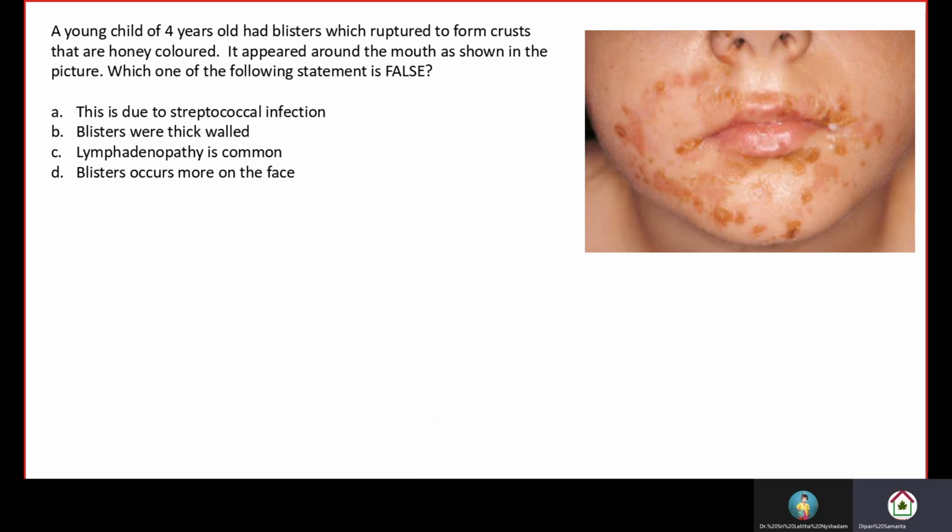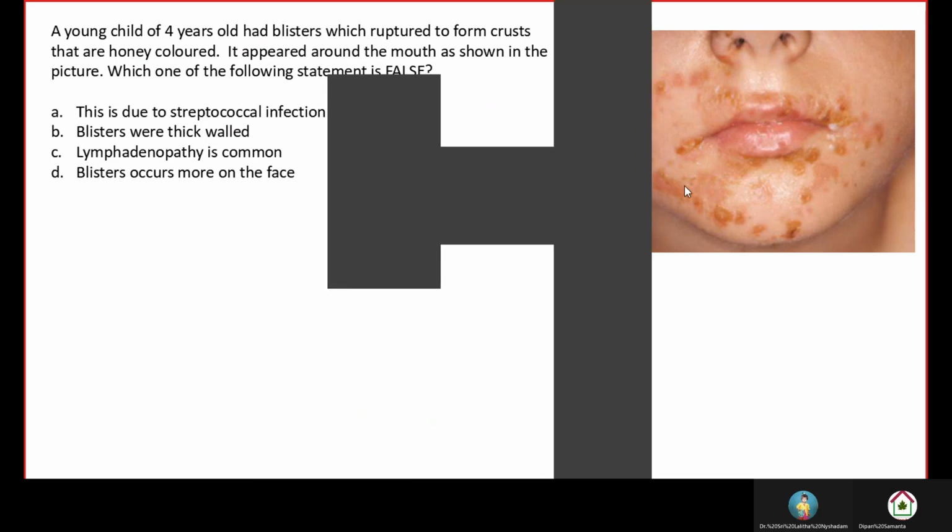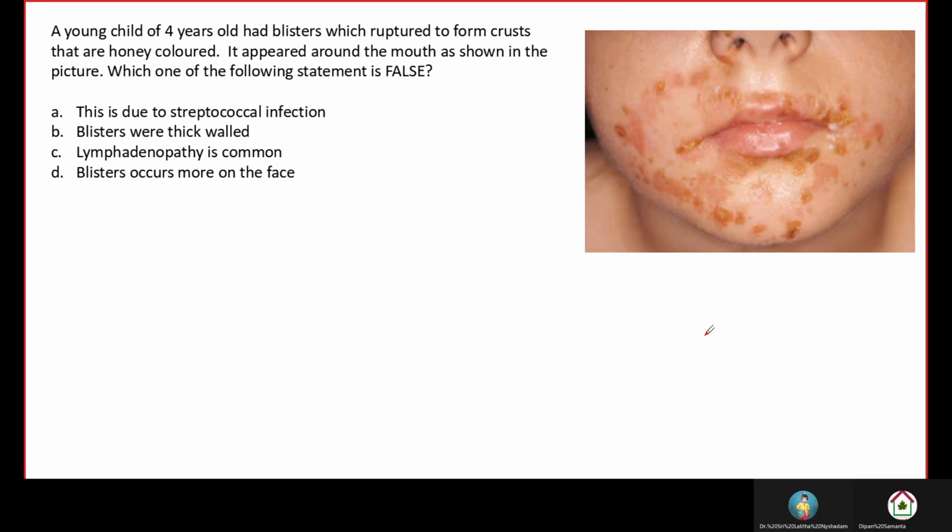Okay, a young child of 4 years old had blisters which ruptured to form crust that are honey colored, a little bit golden, yellowish golden.